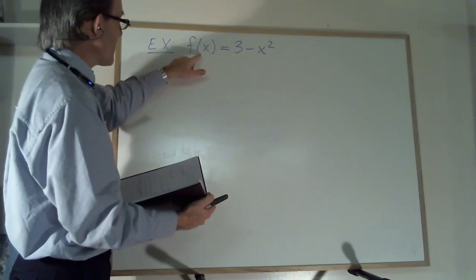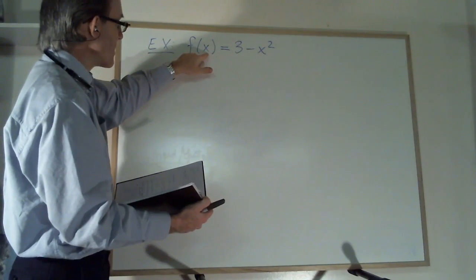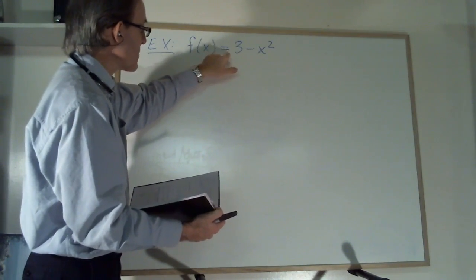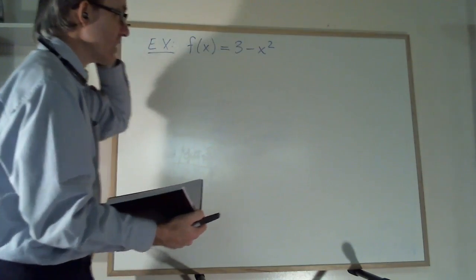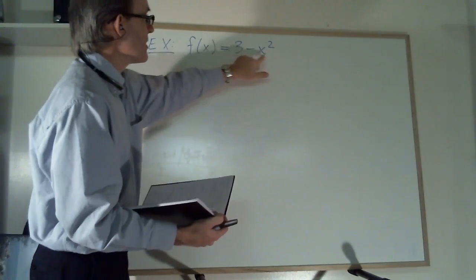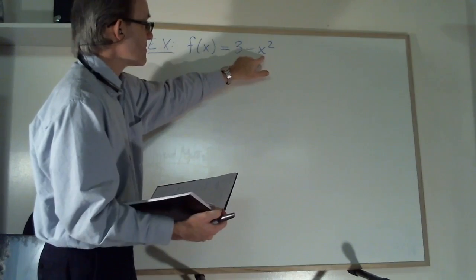Okay, so what I have here is f is a function of x. All right, that's what this notation means. And it's equal to this particular expression in terms of x. So it's not x itself all the time, but it's some expression involving x.